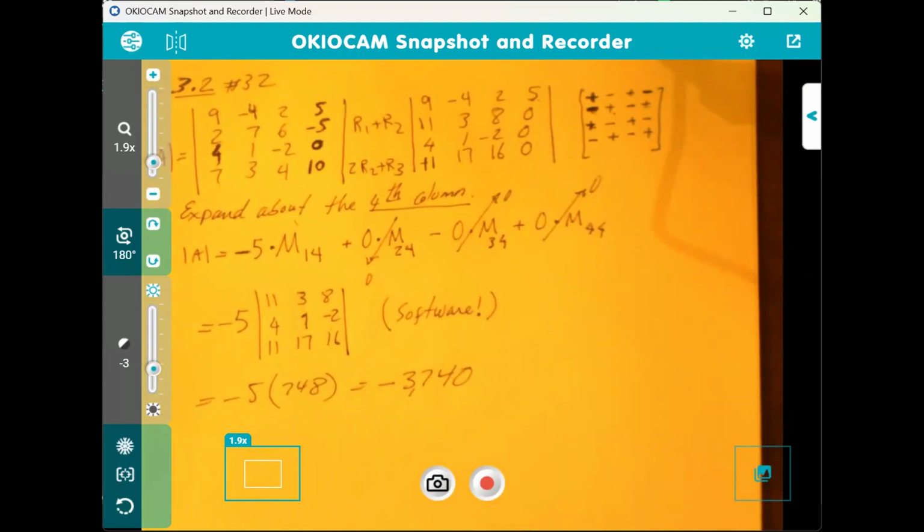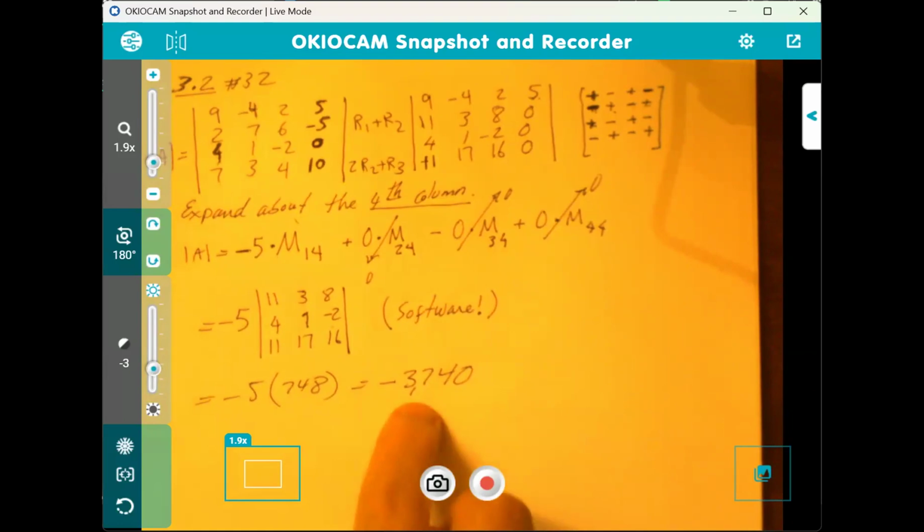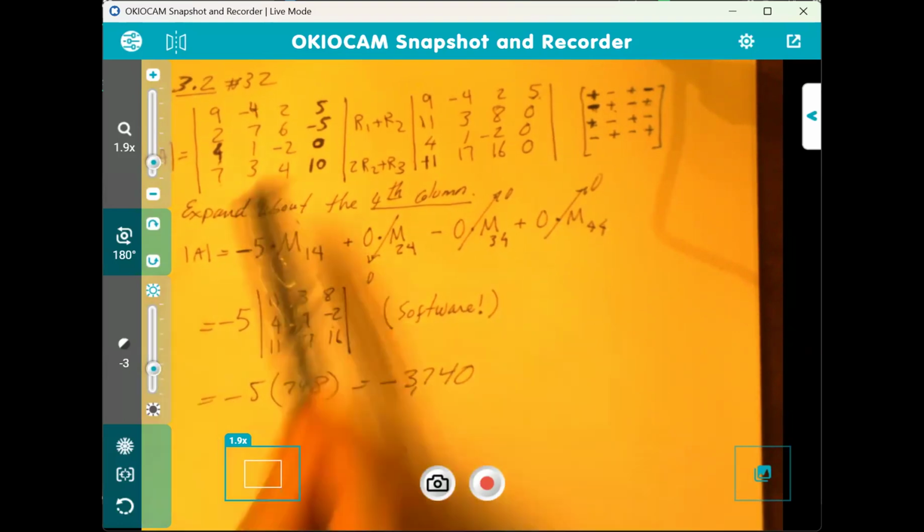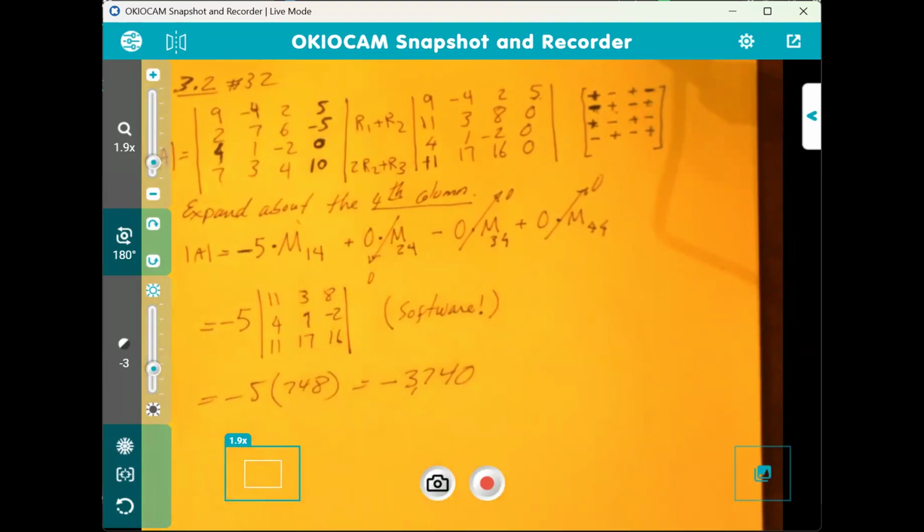Now, let's just check to make sure we did this right. I'm going to put the original matrix now in a computer, something we could have done from the get-go. But let's clear this. Now I'm going to do the determinant of a 4 by 4. 9, negative 4. I'm inputting the original matrix. Just want to make sure the answer we got is right. 5, oops, sorry, that's negative 5.